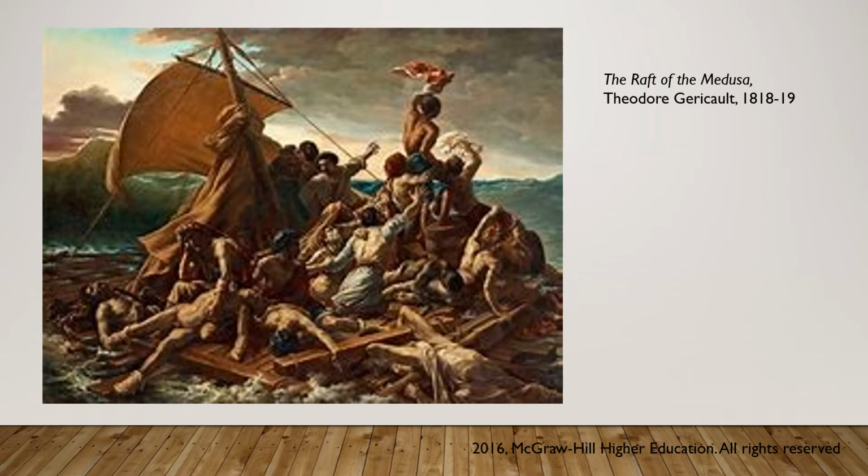This is a not so clear image of a painting called The Raft of the Medusa by Theodore Géricault, done in 1818, 1819. You can see that most of the image is based on an angle like this.